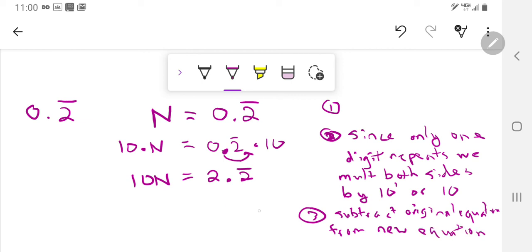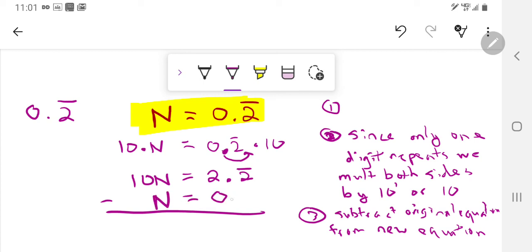So we're going to take this original equation up here, and we're just going to drag it down below our new equation. So that's going to be n equals, line up the decimal. And we're going to subtract.